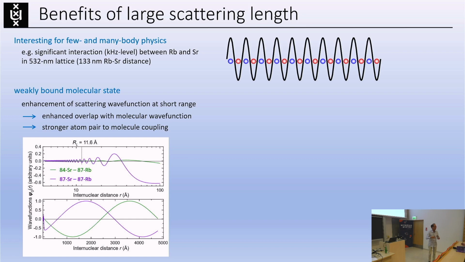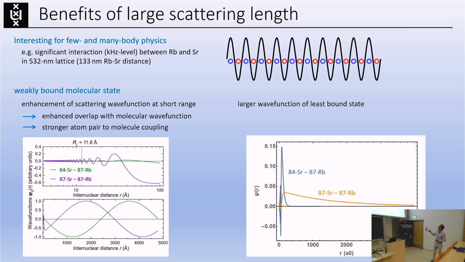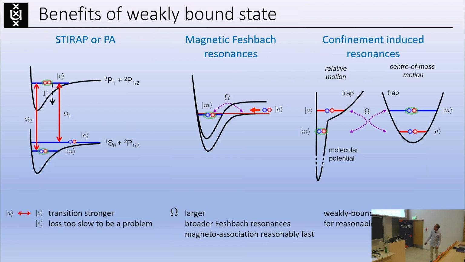So all the coupling between atom pairs and molecules is better. In addition, if the molecular state to which you want to couple happens to be the weakly bound state, then it's even better, because this weakly bound state is, of course, much bigger than the usual few 10 megahertz bound molecular states.